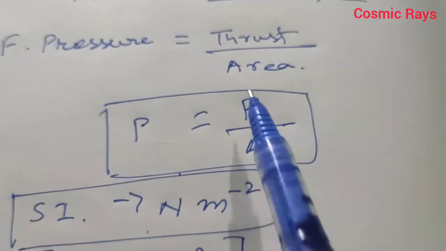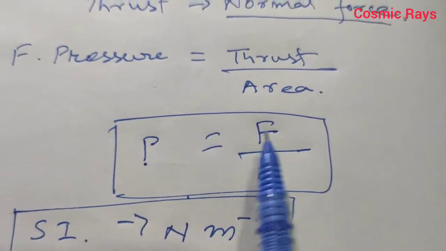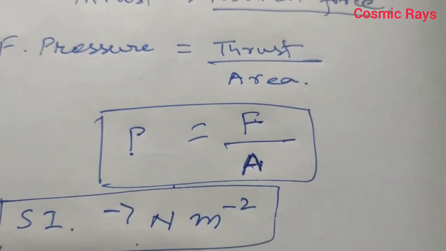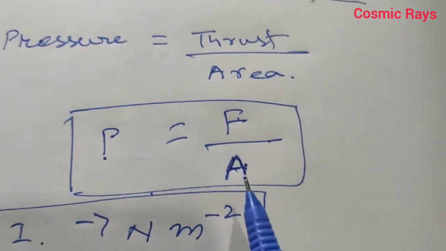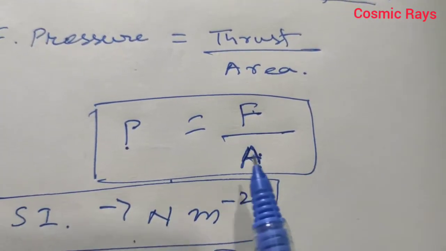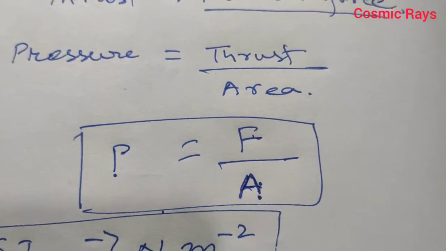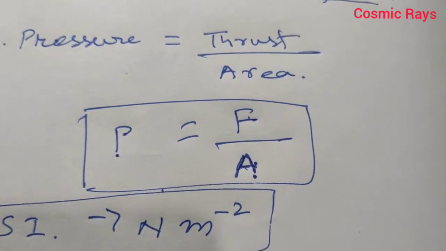Now, based on this formula, we know that pressure is equal to force upon area. So if we want to reduce the pressure, then we have to increase the area, and when we want to increase the pressure, we have to reduce the area. This practical application you can find when you look at nails or pins.